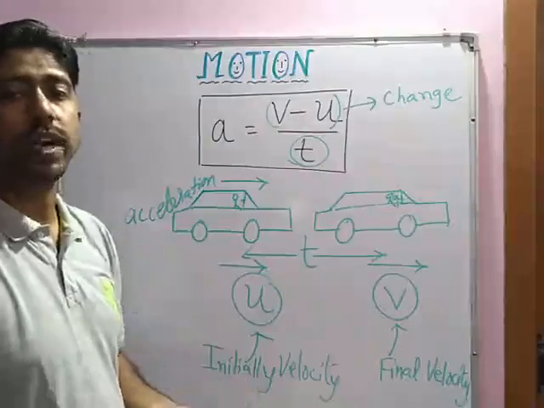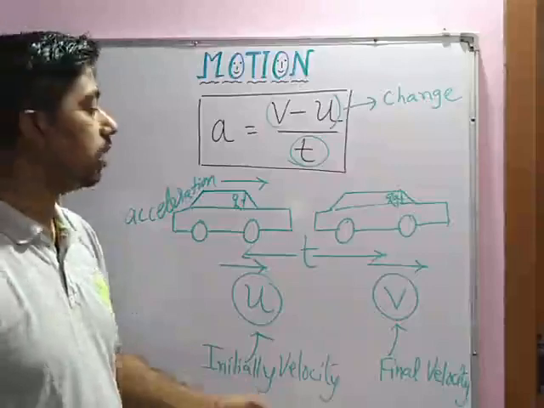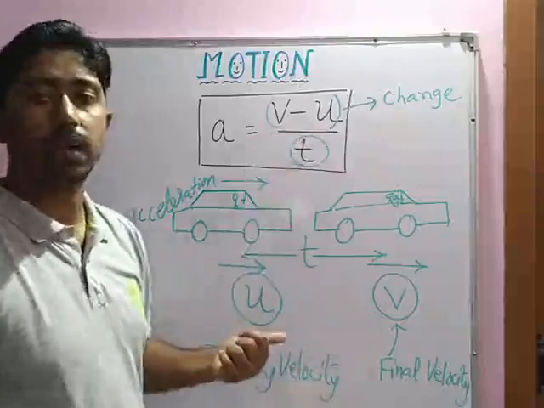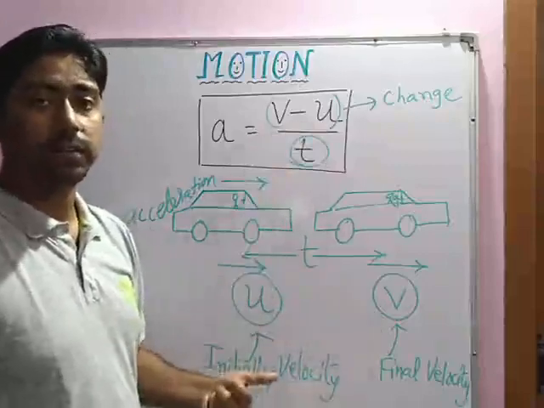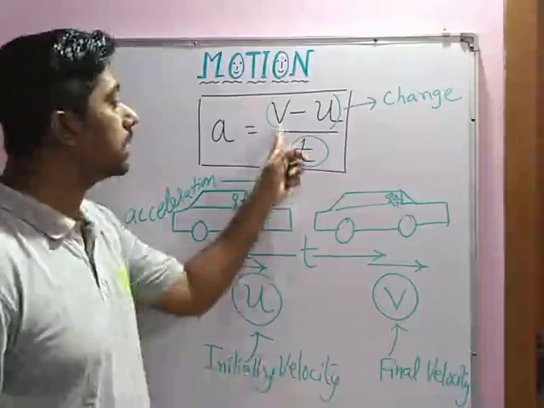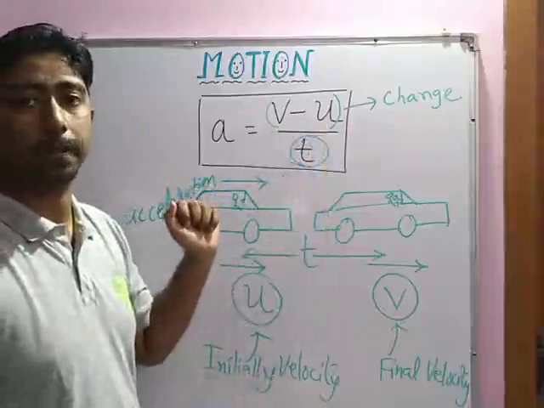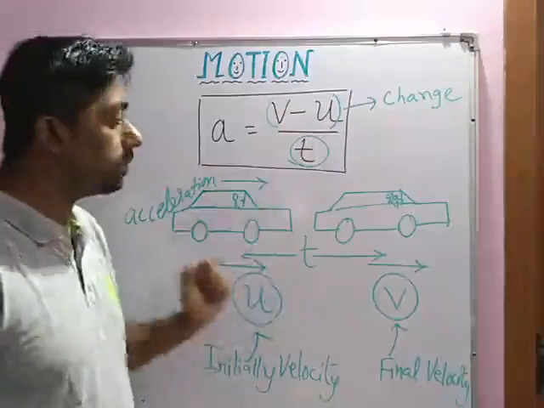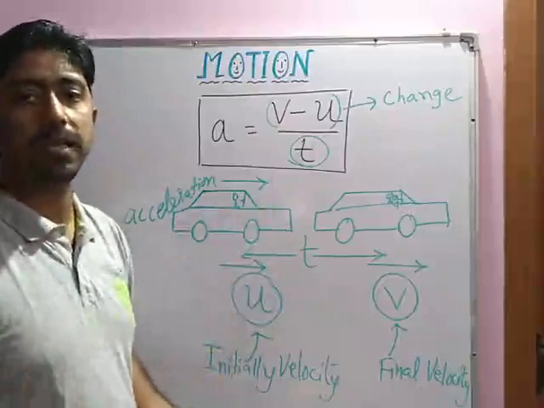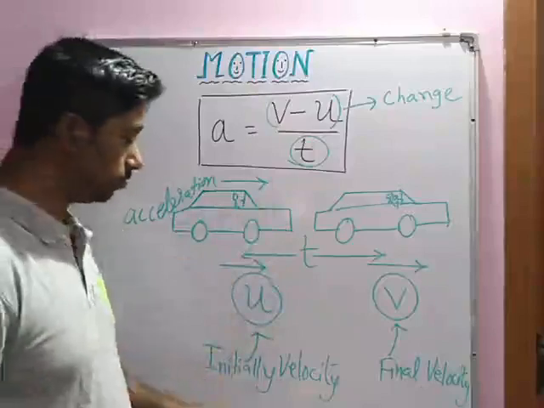Whenever you need to find acceleration of a moving body, first look if initial and final velocities are given. If they are, find the change in velocity by subtracting them and divide it by the time taken for the change to take place. These are the steps to obtain the acceleration of a car.